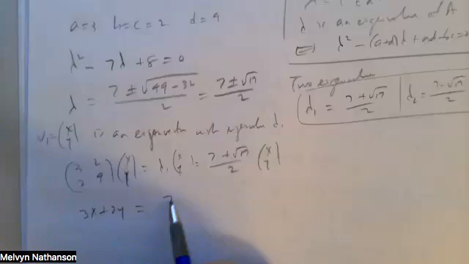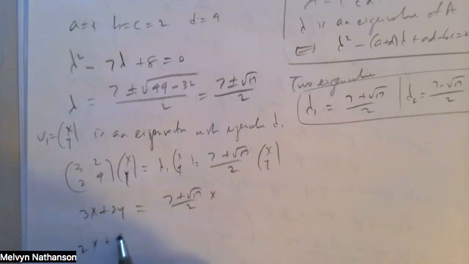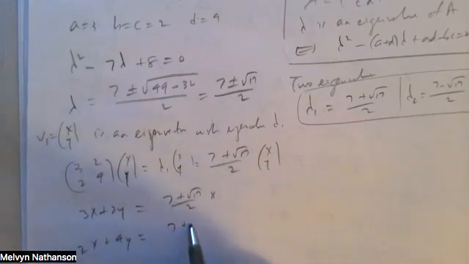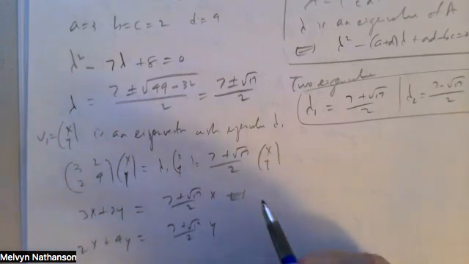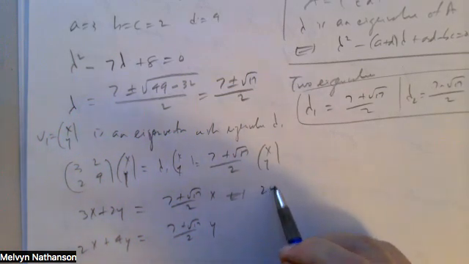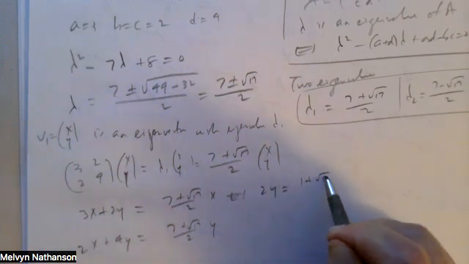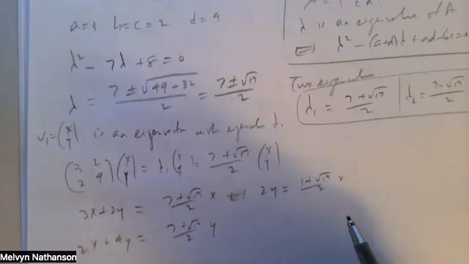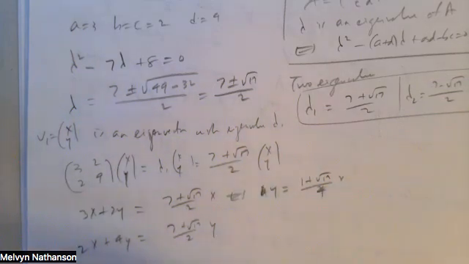And that has to equal (7 plus root 17) over 2 times x. And 2x plus 4y has to equal (7 plus root 17) over 2 times y. So this equation is the same as, I bring the 3x over to the other side: 2y equals this minus 3x, which is (1 plus root 17) over 2 times x, or y is (1 plus root 17) over 4 times x.